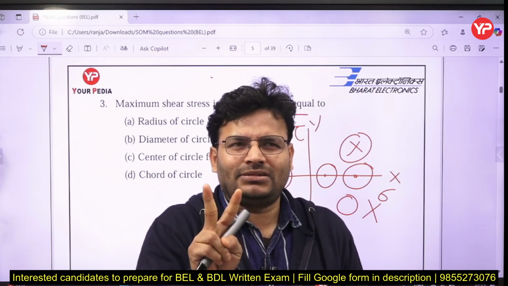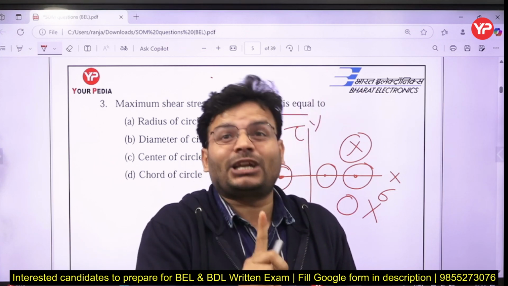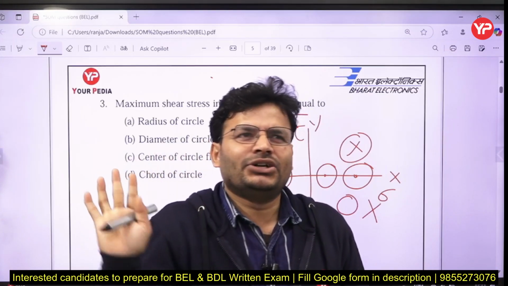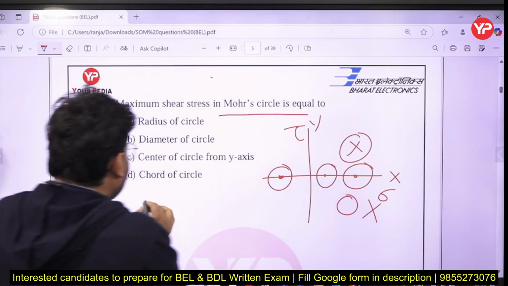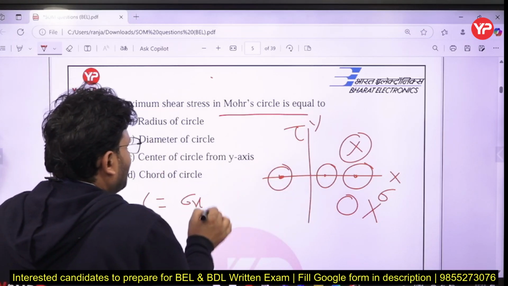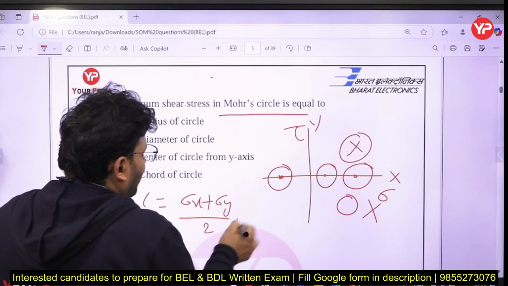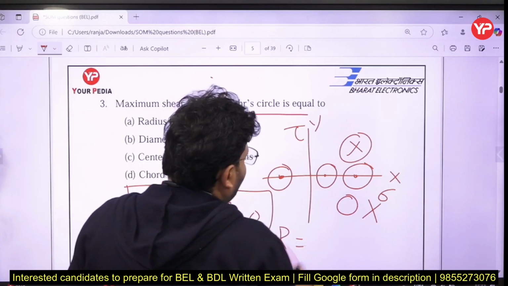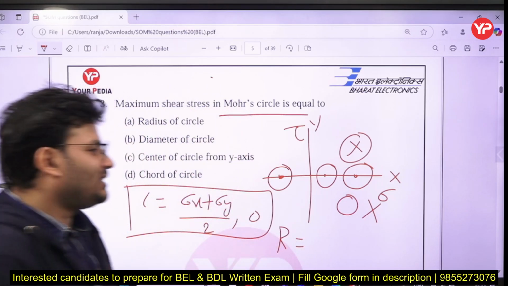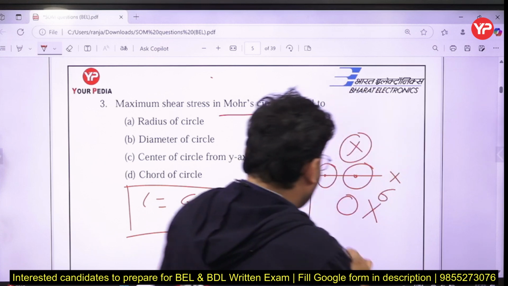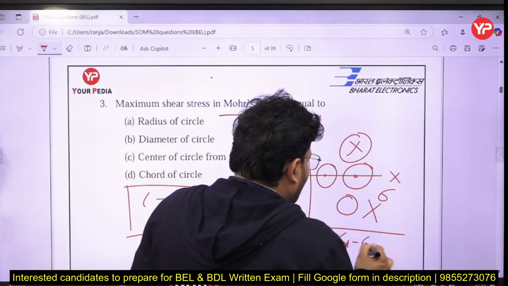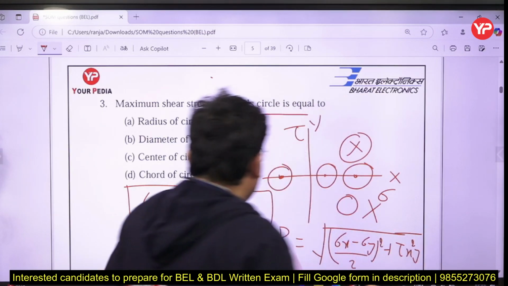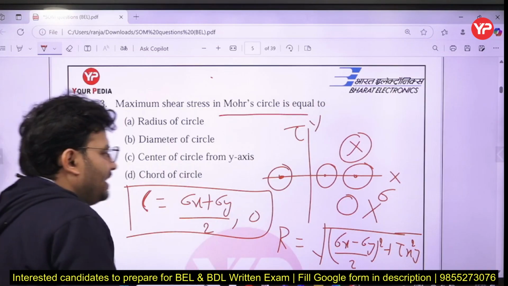If I get two pieces of information, I can draw a circle: where the center of the circle is and what the radius is. Here the center will always be (sigma x plus sigma y) upon 2, on the axis. And the radius you can calculate using the formula: square root of ((sigma x minus sigma y) by 2) whole square plus tau xy whole square. If the center and radius are known, I can draw the circle.